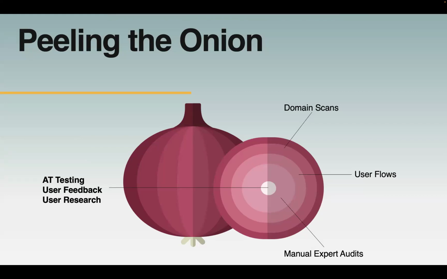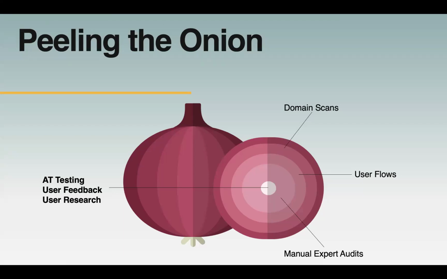You can monitor those in the same way with automation, but you're also going to have to do what we call manual expert audits from time to time. Those manual expert audits are complete compliance audits. This is what TPGI do all the time. Every day we have teams working on these audits. Essentially, we're taking all of the, for example, WCAG criteria, and we're testing an application against them.